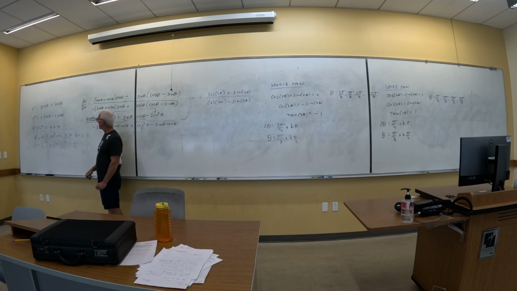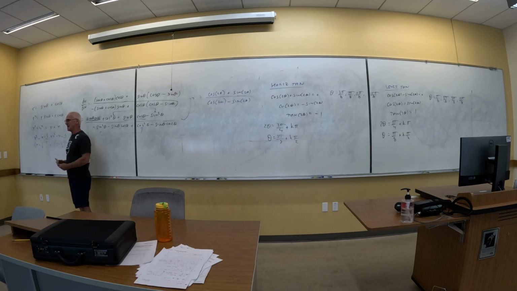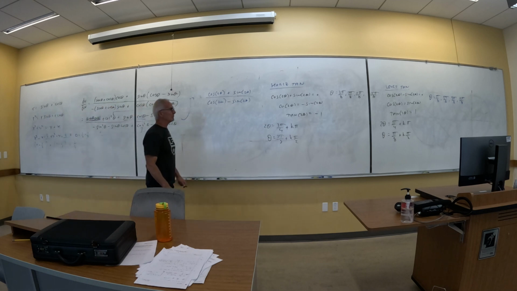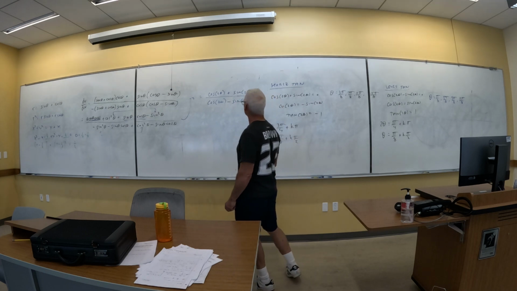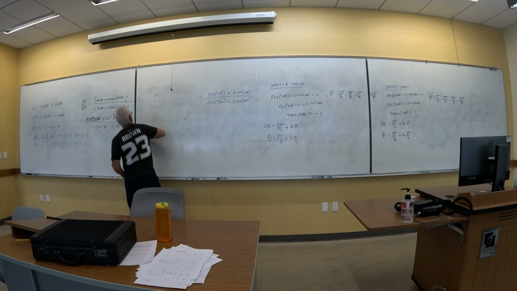Whoa. I have a circle of radius 1 over root 2, centered at 1/2, 1/2. Whoa, that's not a weird looking graph. Or is it?